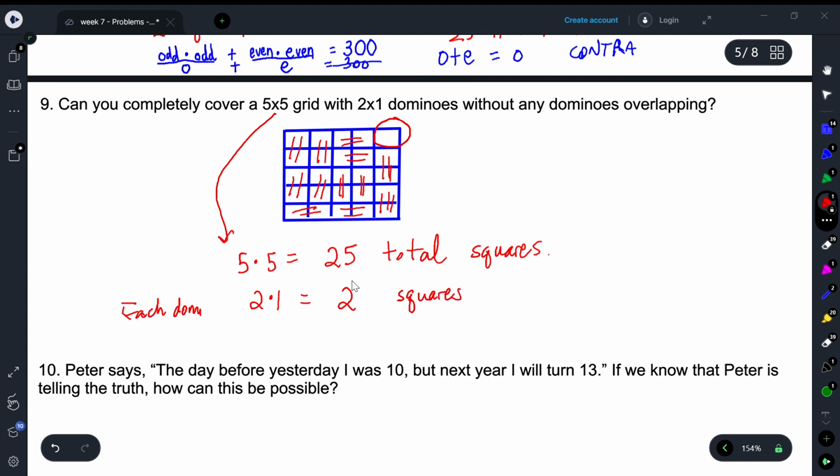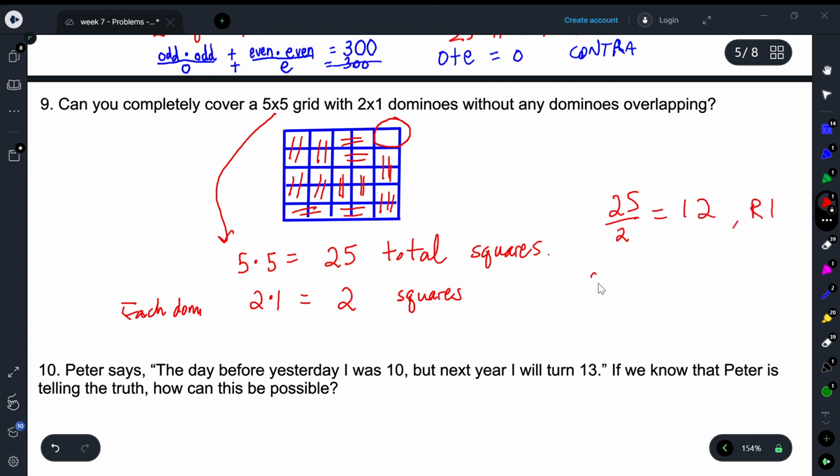So to find whether it's possible that a bunch of dominoes, each one being 2 squares, can cover the grid, if we multiply the number of dominoes times the number of squares in each domino, we need to get 25, right? Well, if we take 25 and divide by 2, what do we get? We get 12 with a remainder of 1.